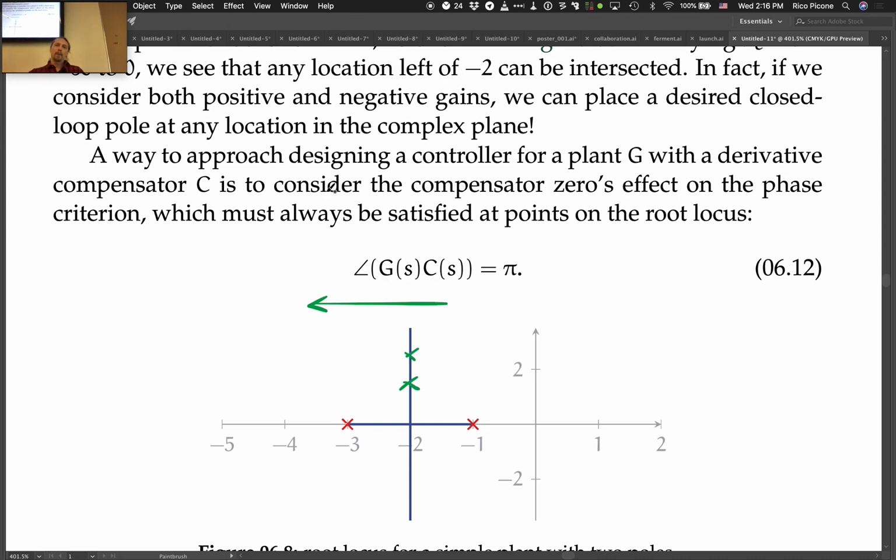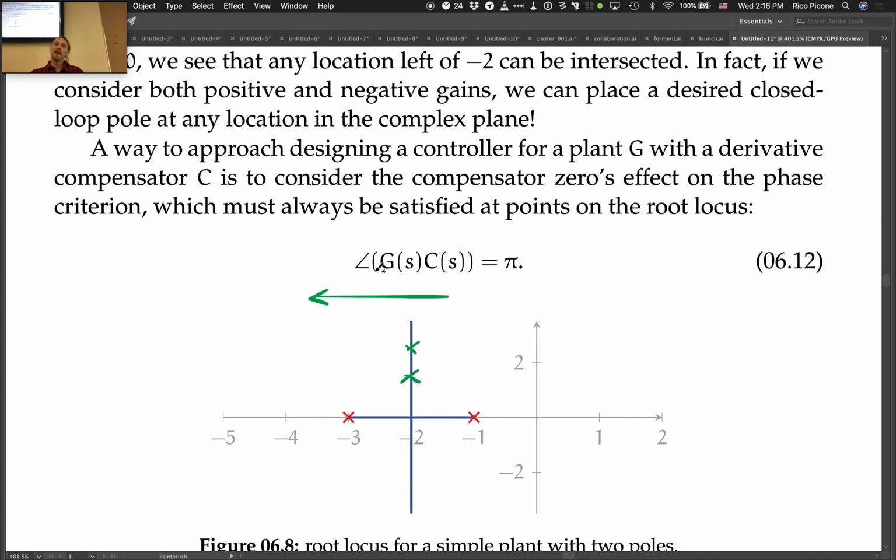And it must always be satisfied at points on the root locus. So we have that the phase of the open loop transfer function, which is G, and then we also include the compensator, C, equals pi. I took out the gains. The gains don't affect the angle, right? Gains don't affect the angle, so we don't need to worry about the gains. And we say it has to be equal to pi.